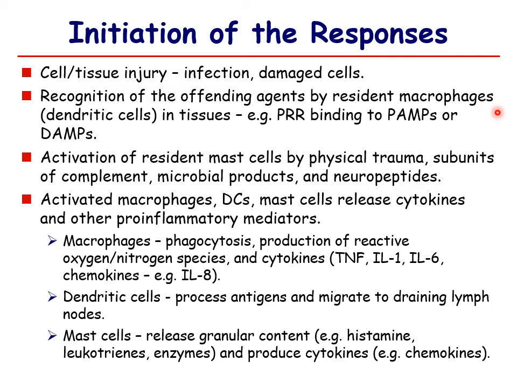Now, the resident macrophages recognize these offending agents through pattern recognition receptor binding to either PAMPs coming from pathogen or DAMPs present in damaged cells.